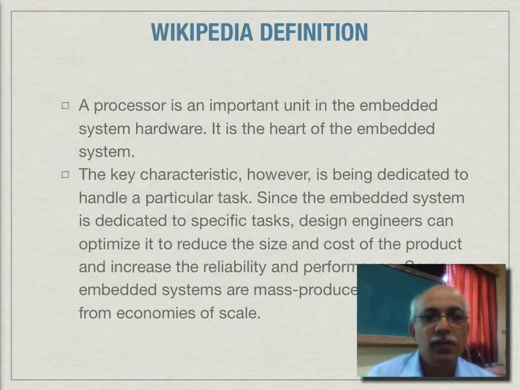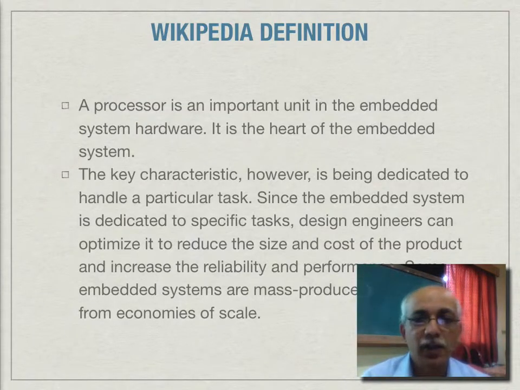If you read the second bullet, it says that the key characteristic is being dedicated to handle a particular task. Since the embedded system is dedicated to specific tasks, design engineers can optimize it to reduce the size and cost of the product and increase reliability and performance. Some embedded systems are mass produced, benefiting from economies of scale.